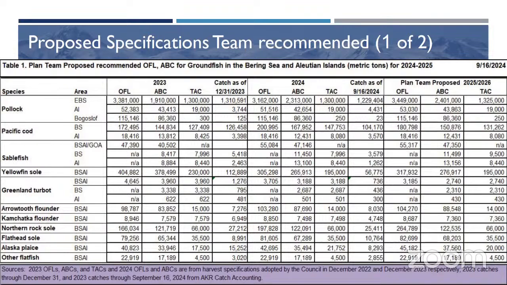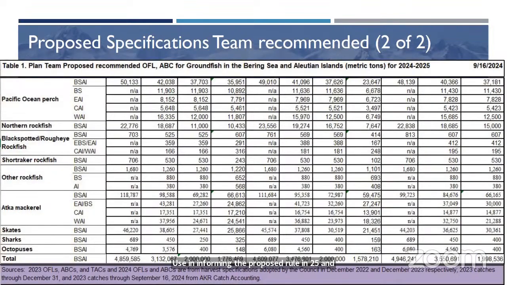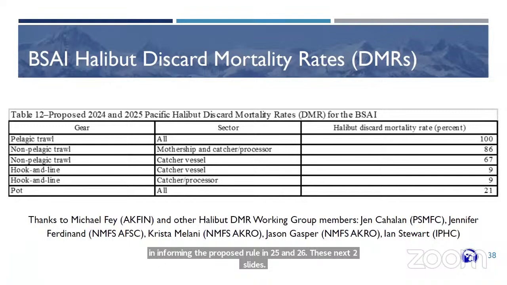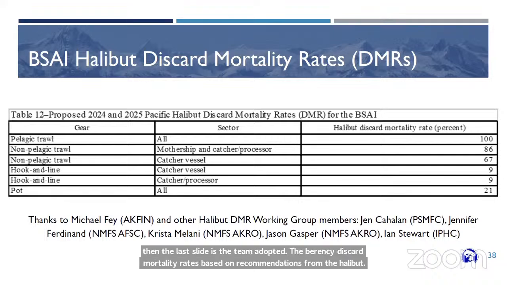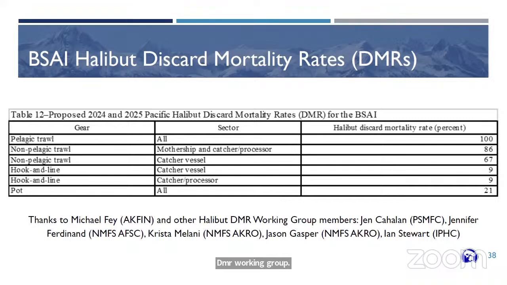The team recommended to approve the 2025 specifications for use in informing the proposed rule in 2025 and 2026. That's these next two slides. And then the last slide is the team adopted the Bering Sea halibut discard mortality rates based on recommendations from the halibut DMR working group. And that, I believe, is the end of the Bering Sea Plan Team report.